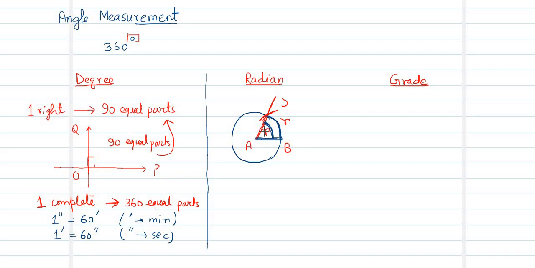So when we cut an arc equal to the radius, then the angle made at the center is known as 1 radian. So in other words, we can write angle BAD equal to 1 radian.